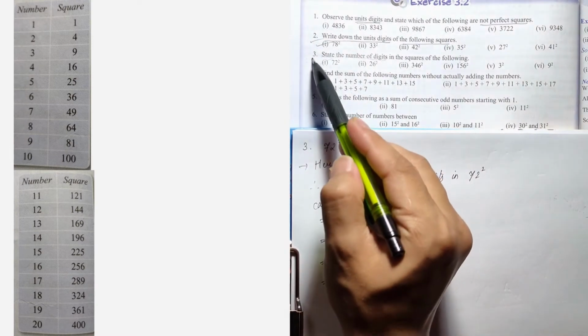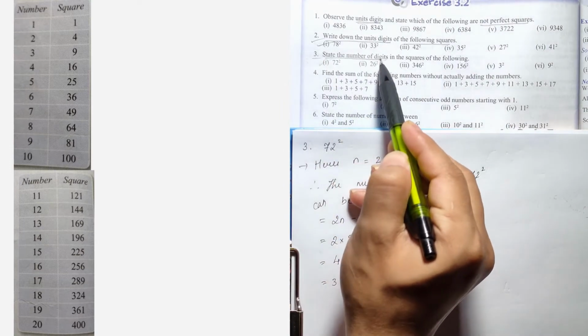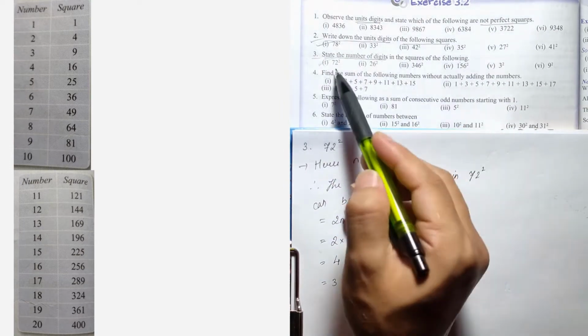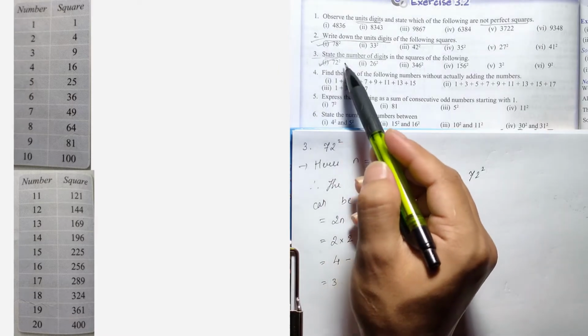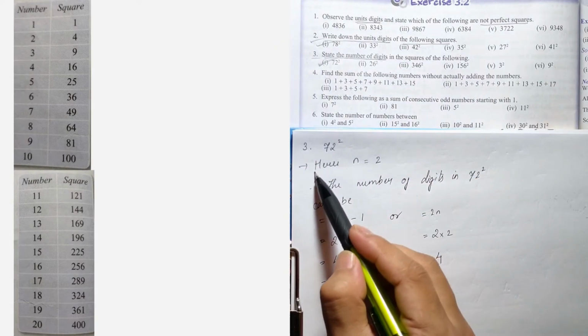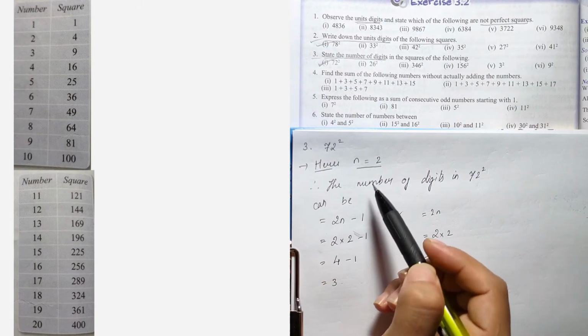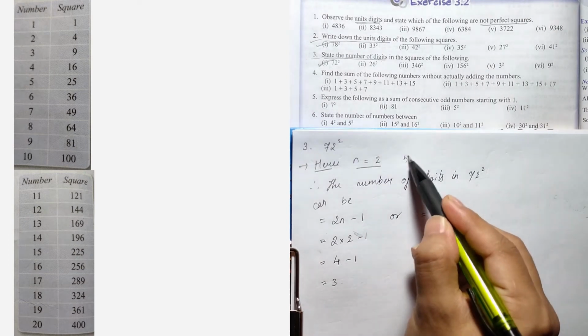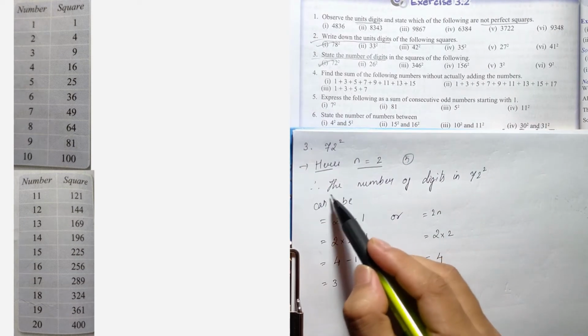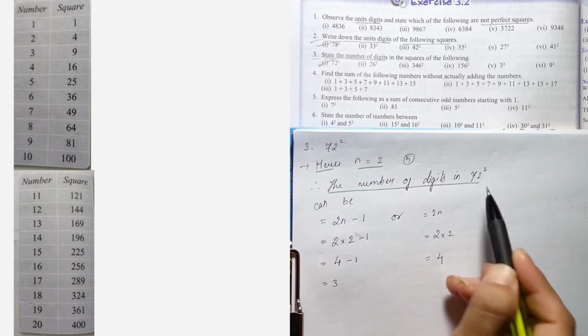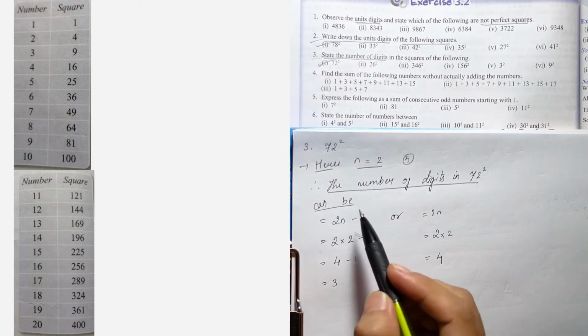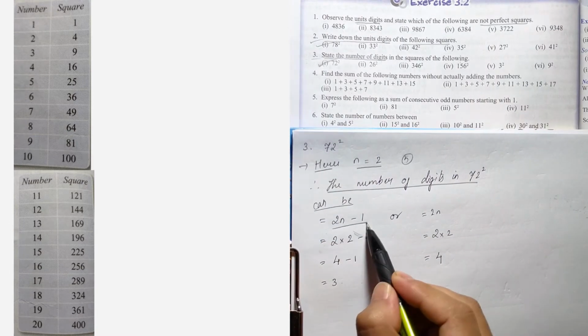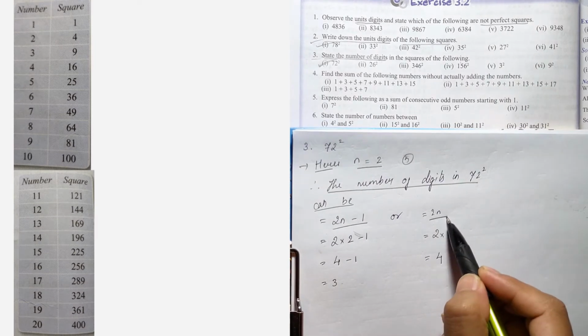Let us now look at one more property. State the number of digits in the squares of the following. So number 1, 72 square. Here n is equal to 2. Here we will be using the fifth property. Therefore, the number of digits in 72 square can be, there were two formulas, 2n minus 1 or simply 2n.